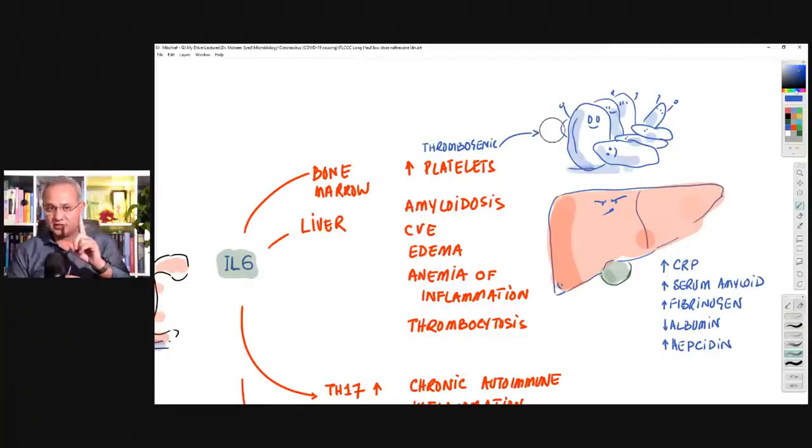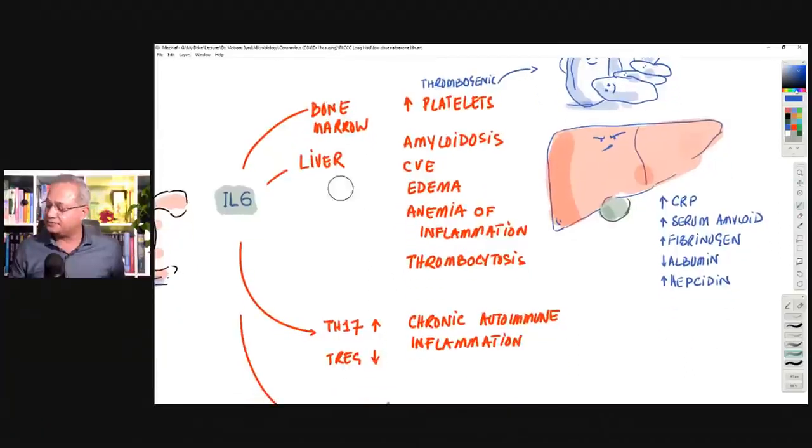So that is the first part of interleukin 6. Again, interleukin 6 is trying to do this as a normal thing, and as a normal thing it is useful. But when it becomes abnormal, the same mechanisms become damaging. The second thing: interleukin 6 came out of the macrophages or dendritic cells and went to the liver.